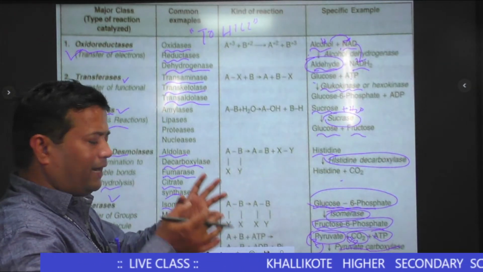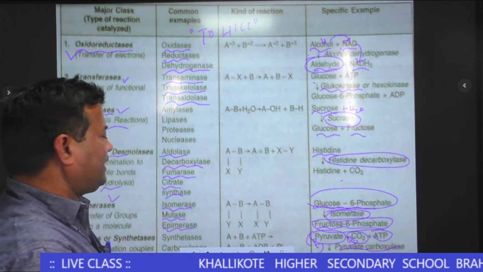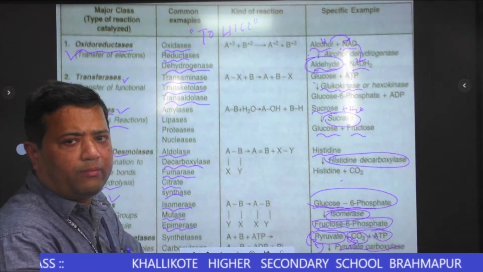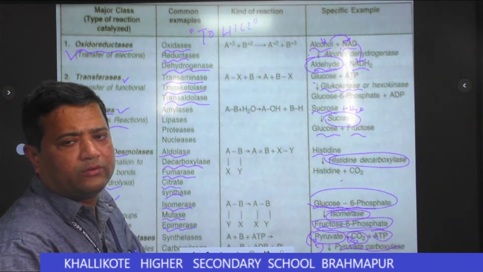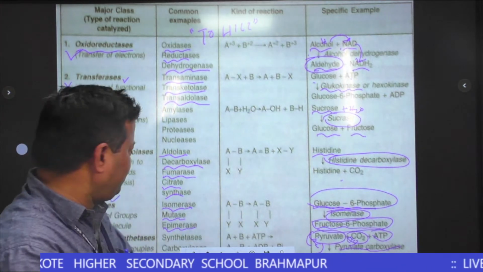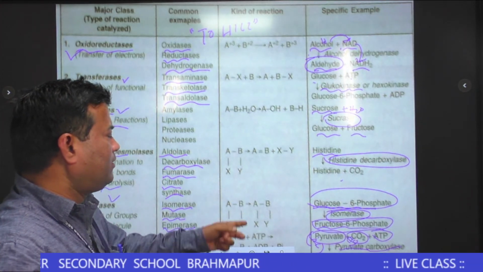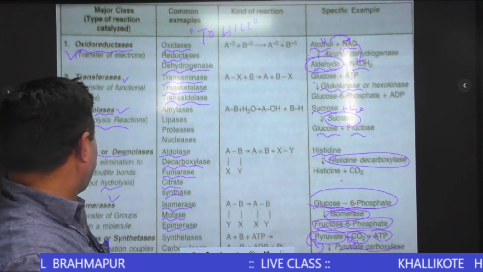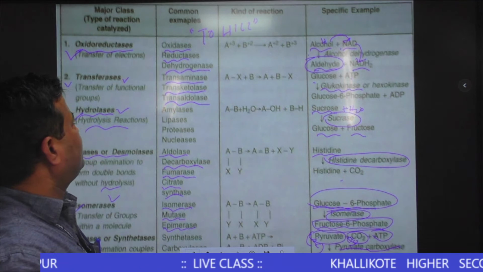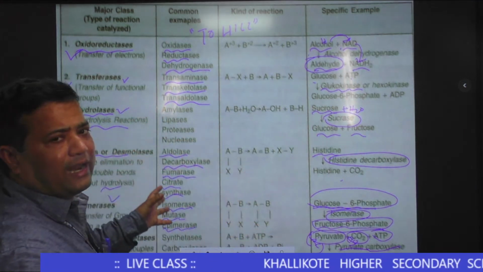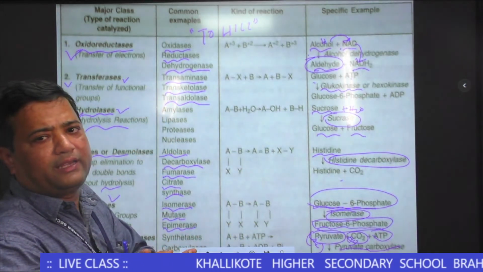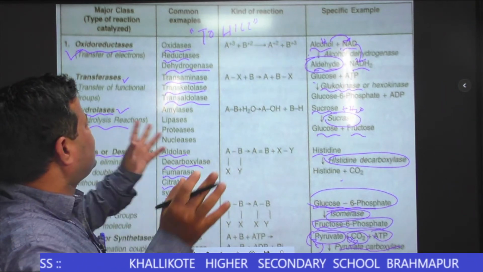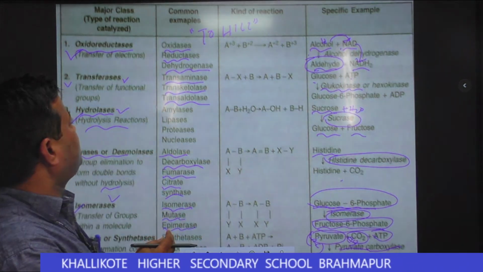Here ATP hydrolysis takes place and combines two compounds to form a new compound. This is all about the classification of enzymes, the 6 classes of enzyme, that is 2 wheel.